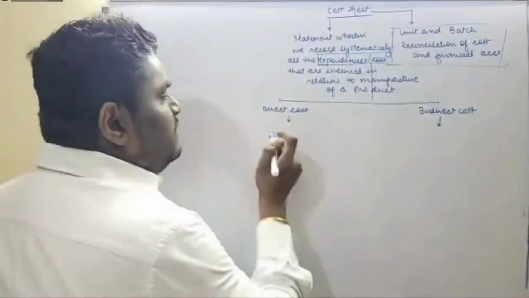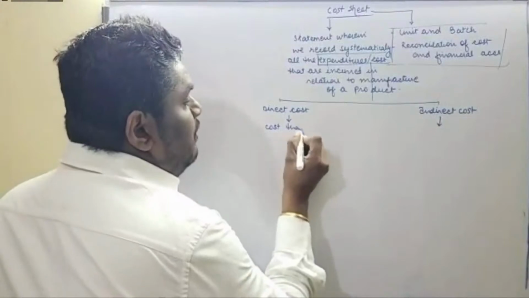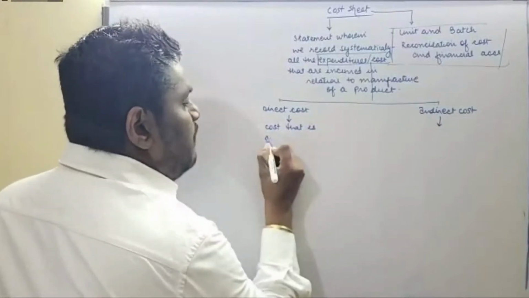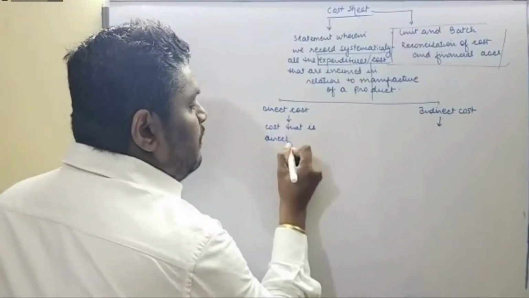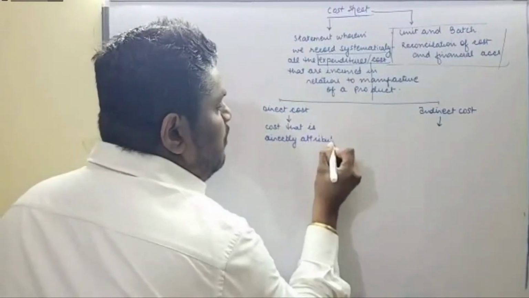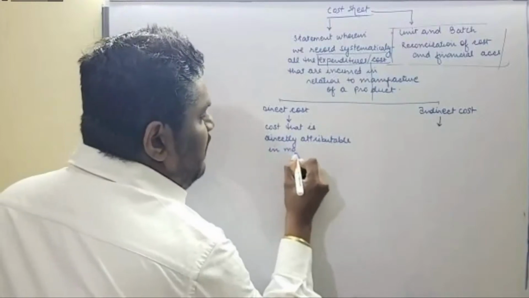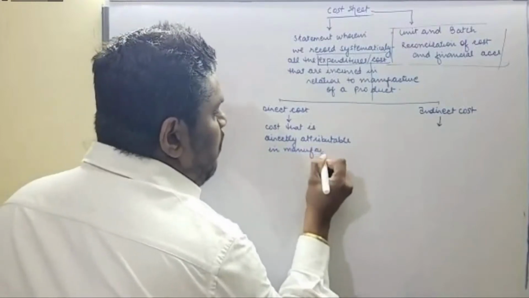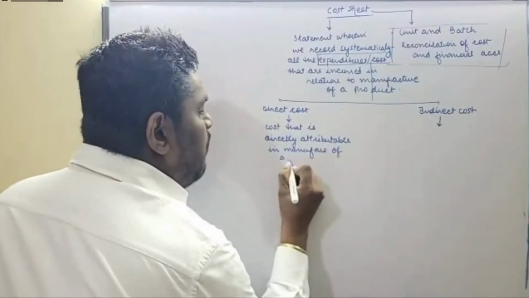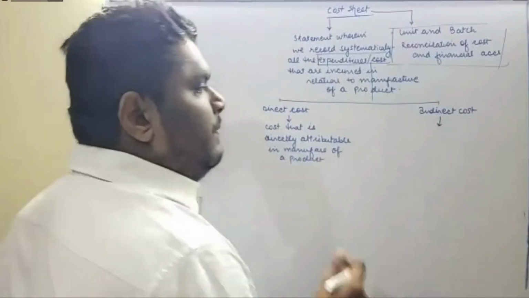So what is direct cost? The cost that is directly attributable in manufacture of a product is direct cost.